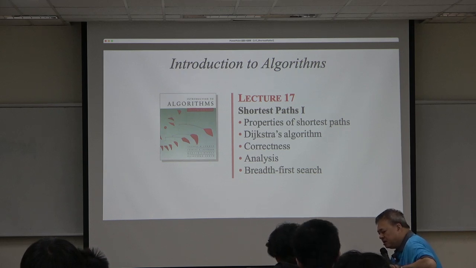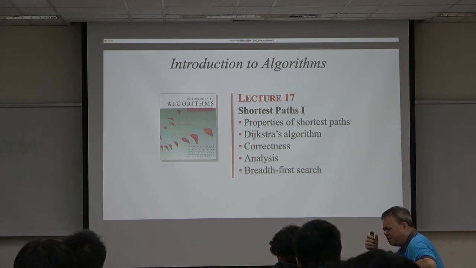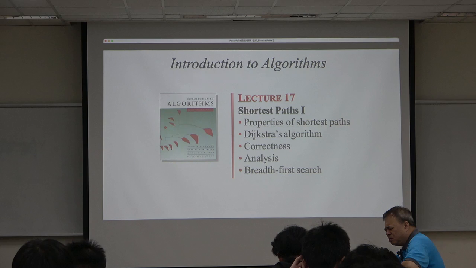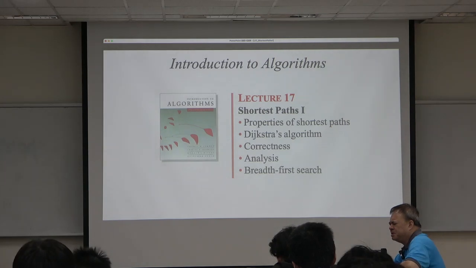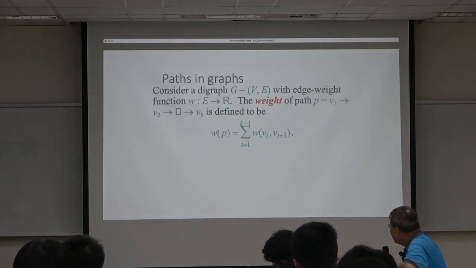The third one is all-pairs shortest paths, I think that's the Floyd algorithm. But anyway, this is one of the most famous graph algorithms, or put another way, one of the most famous graph problems out there. So what is the shortest path problem?